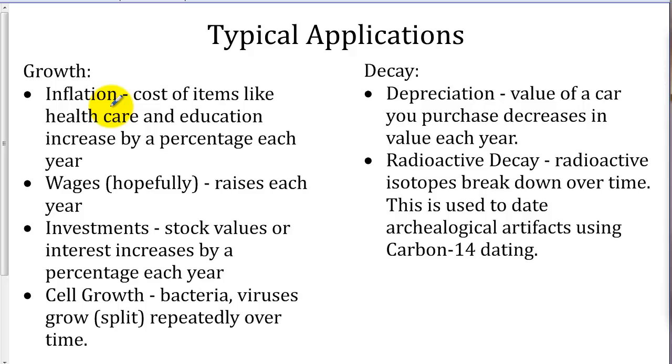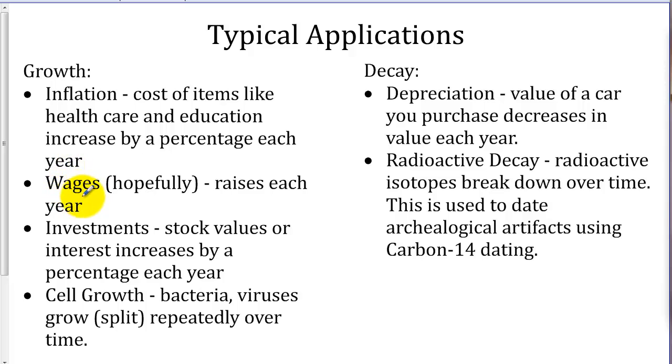So the price has increased. Your parents have probably been concerned about the cost of health care and health insurance. Those costs have increased over time, as well as college education. So that's called inflation, and we can use exponential functions to predict what the cost of something will be in the future.